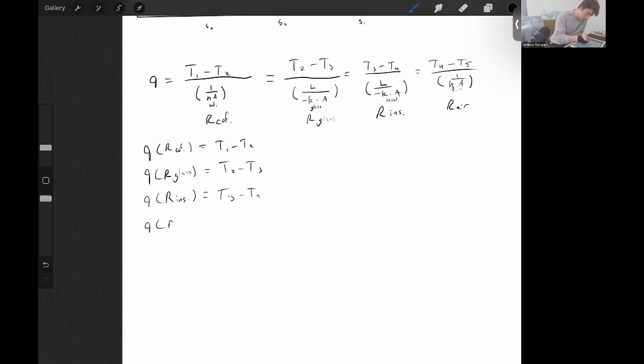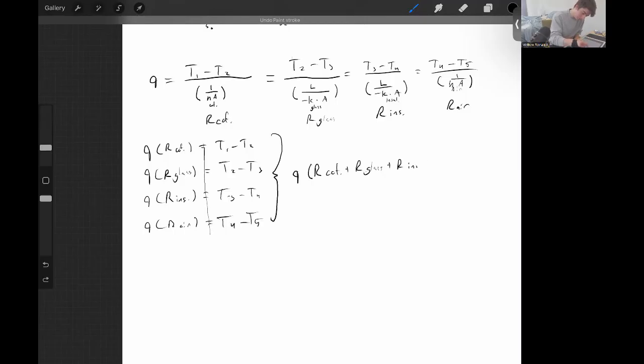And then we have the resistance of the air, which is equal to T4 minus T5. Let's begin to add these, and we'll see something interesting. When we add either side, we have Q as a common term, so we have Q multiplied by all the resistances combined, plus R of the insulator, plus the resistance of air.